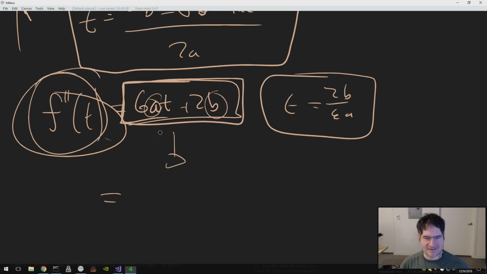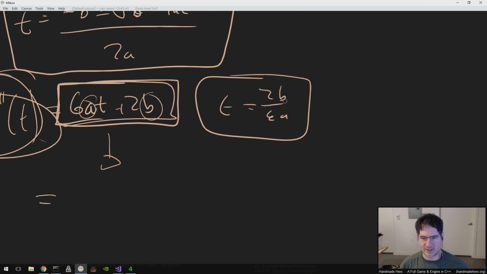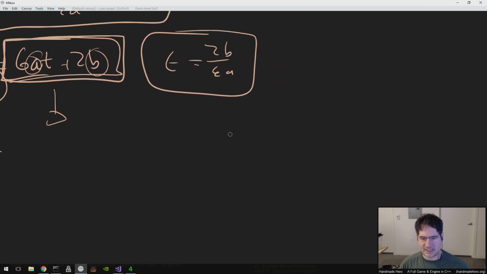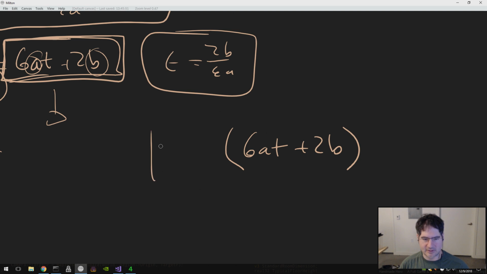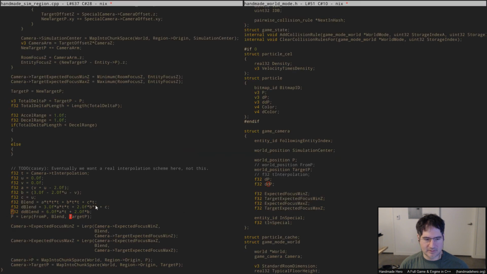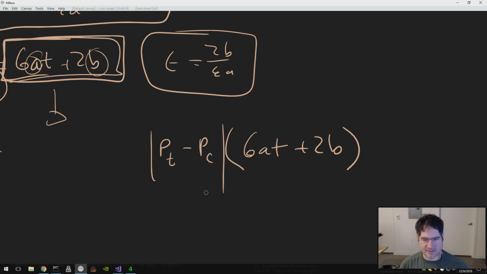So whatever that distance is has to get multiplied in here. So you might say the speed is 6at plus 2b times whatever this length is. So the length of like p target minus p current, or yeah, you know, whatever that is. You know what I mean?